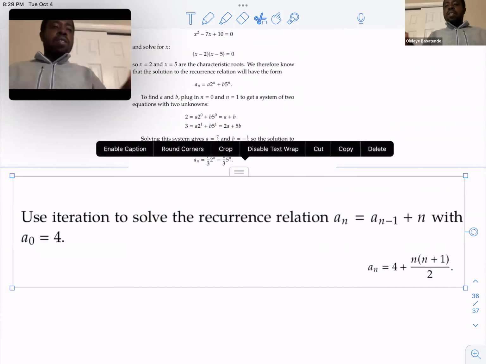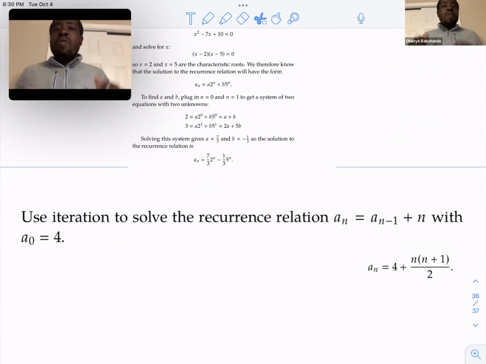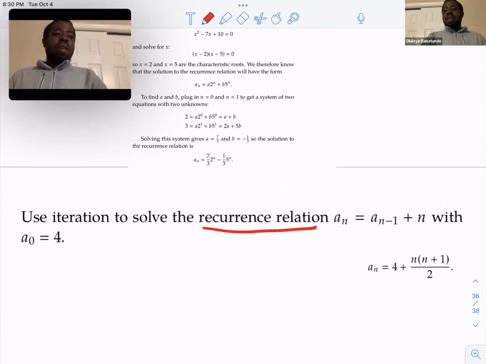Okay, look at this question. Now, this is a typical question on recurrence relation. Use iteration to solve the recurrence relation: an equals an subscript n minus 1. Now, this n here, they are just subscripts.